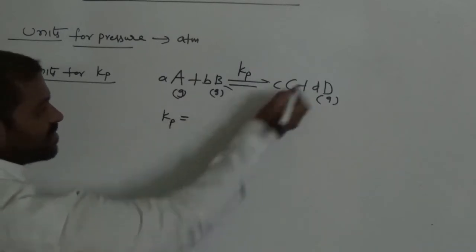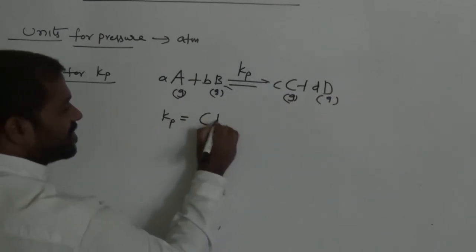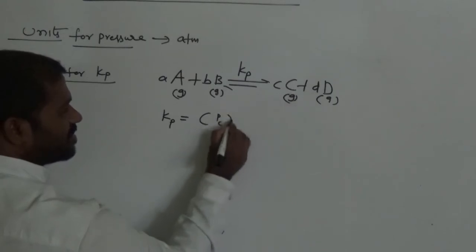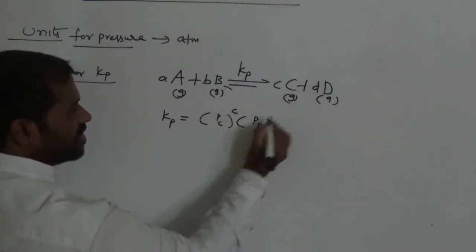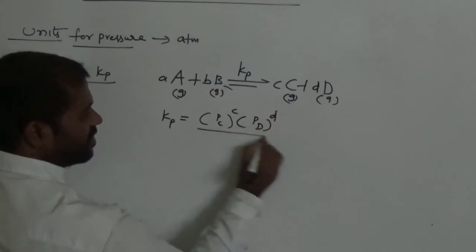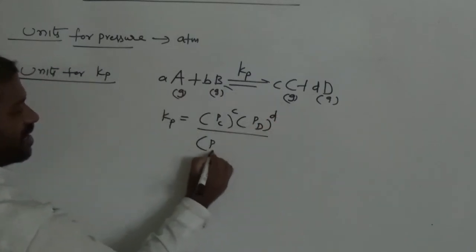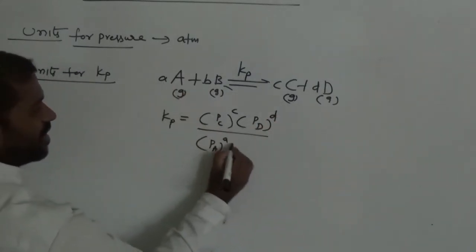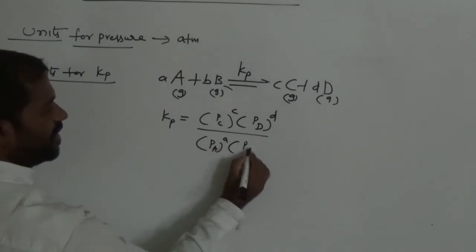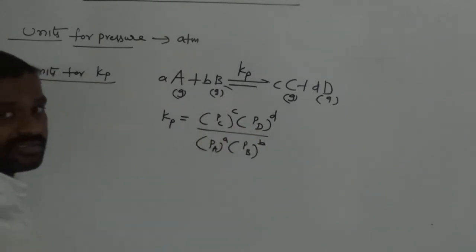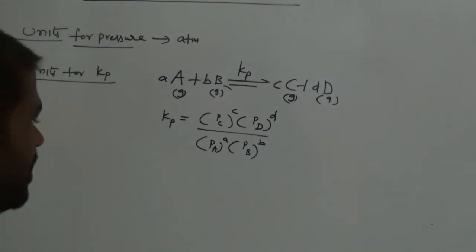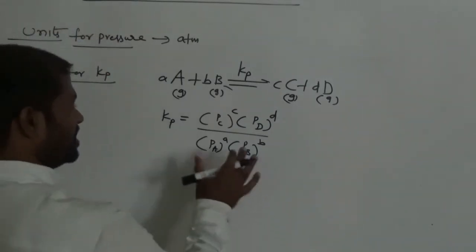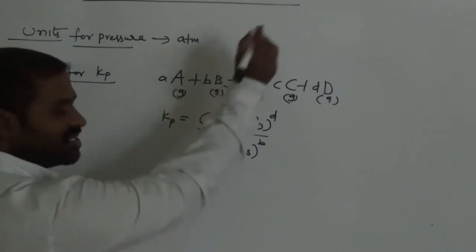Kp is equal to partial pressure of C to the power c, partial pressure of D to the power d, over partial pressure of A to the power a, partial pressure of B to the power b. Am I right? Is it clear? This is Kp.